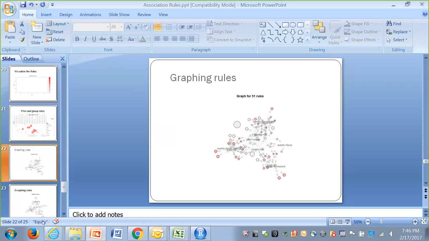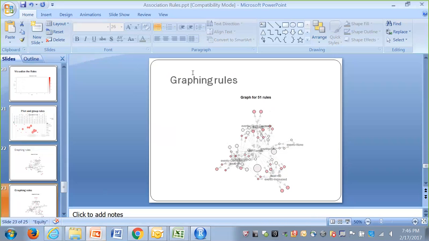That's also quite interesting. This gives you a better indication of how that graphs out. You're looking at these rules and really three clusters of rules pointing to particular associations in your data.